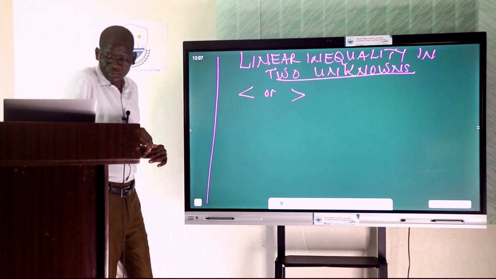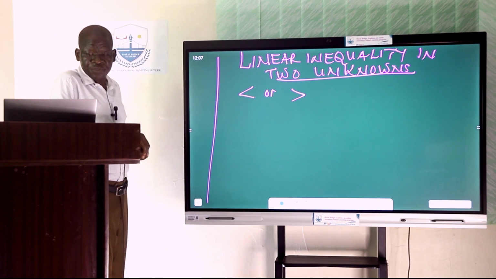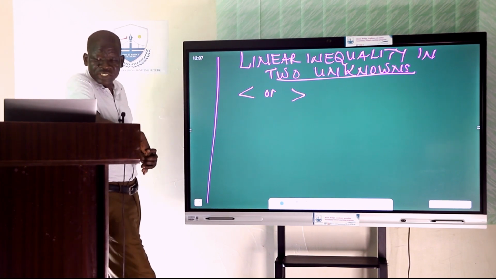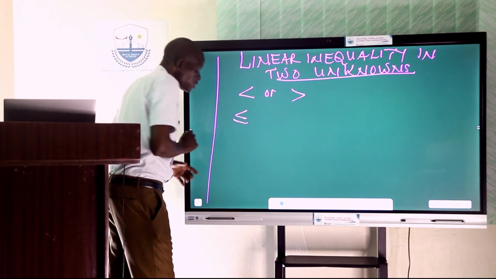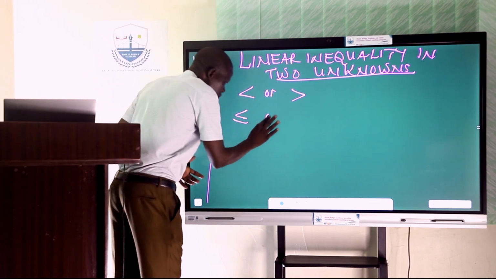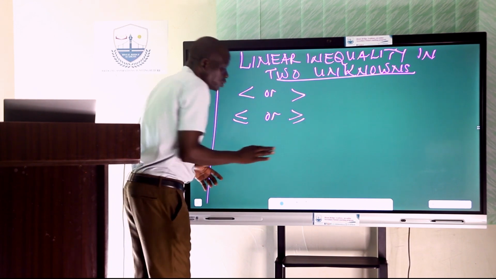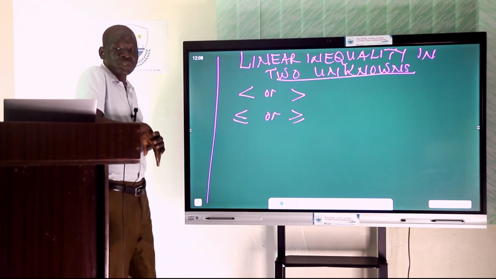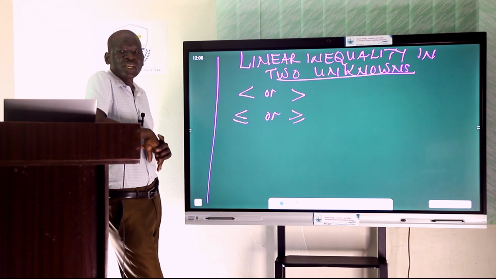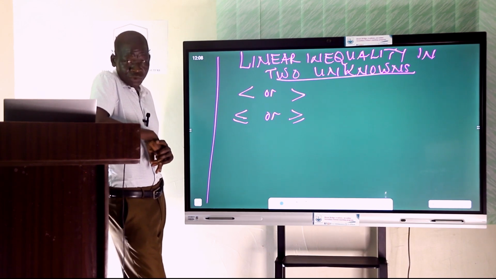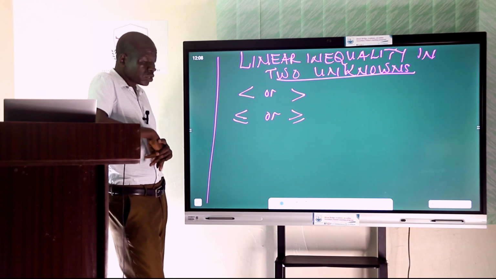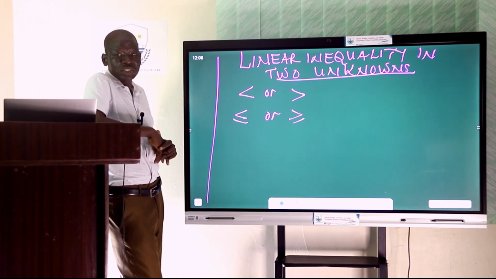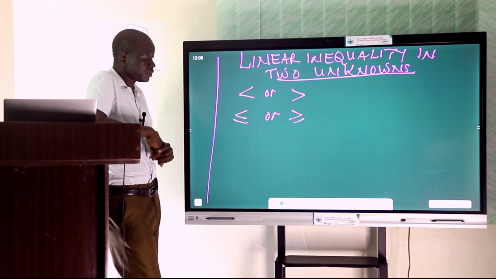However, if the inequality symbol is less than or equal to, or greater than or equal to, then we use a solid line to draw the boundary line. Solid line, sometimes we call it a continuous line.